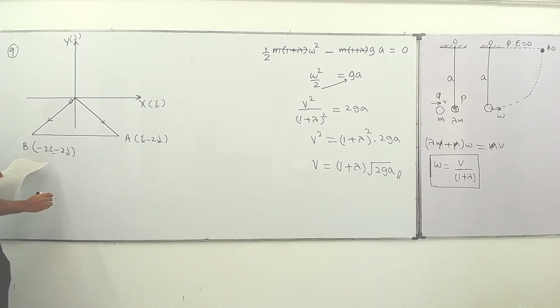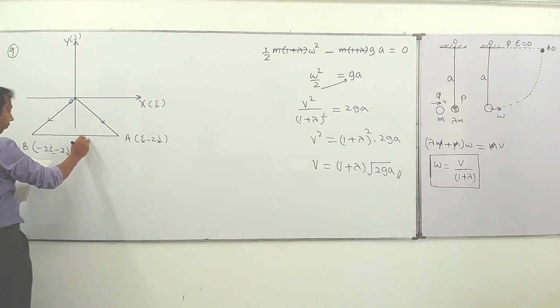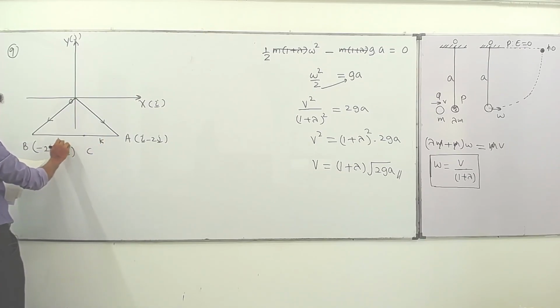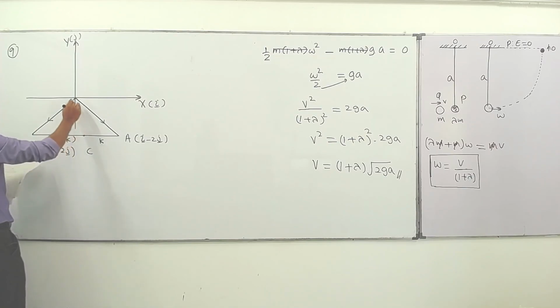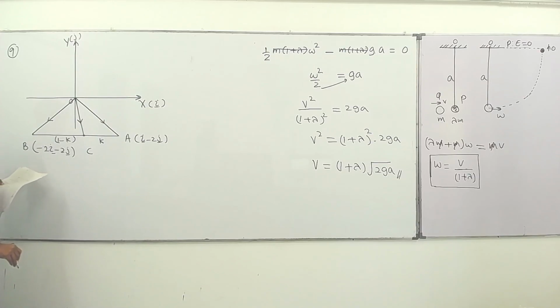Between A and B, we have a point C, like this point C. The ratio here is k, this is 1 minus k. Asking to find OC vector, that means the position vector of C.